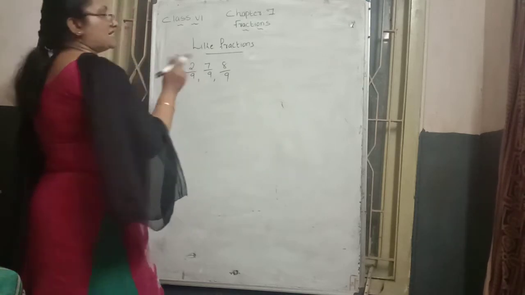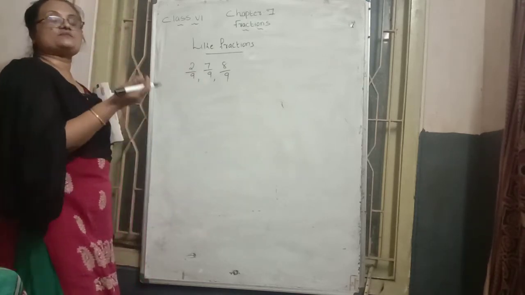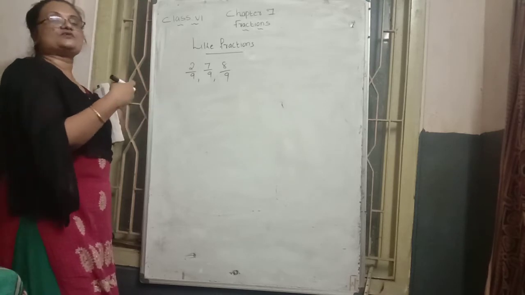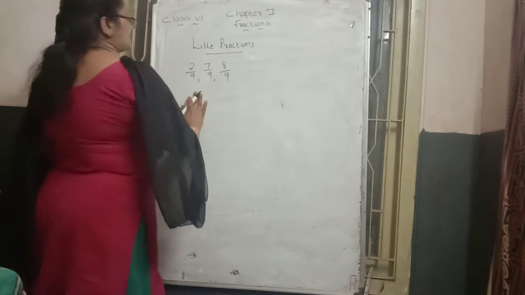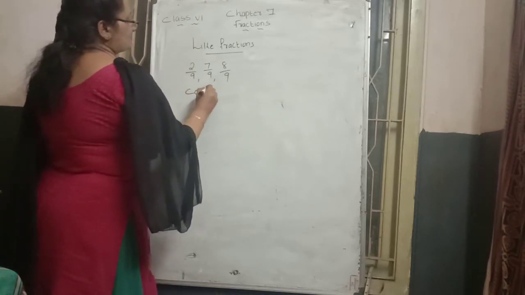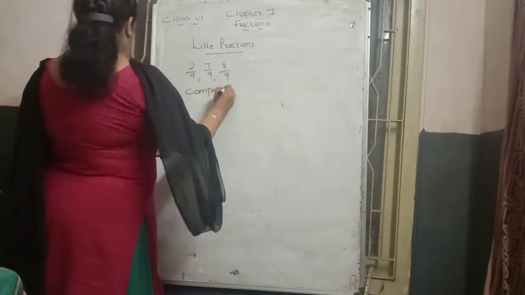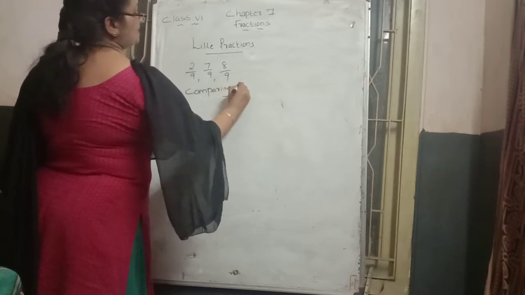Next, unlike fractions means the denominators are different; such fractions we call unlike fractions. Then next, comparing fractions.